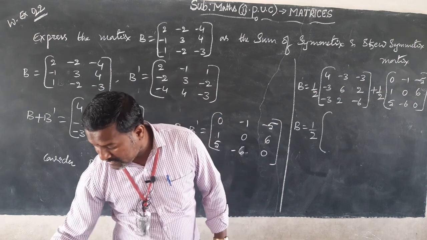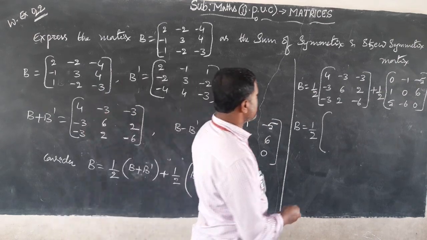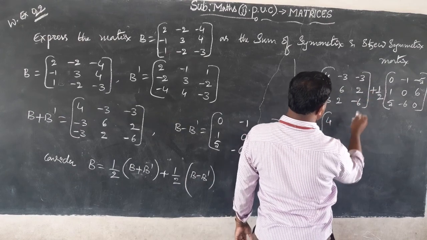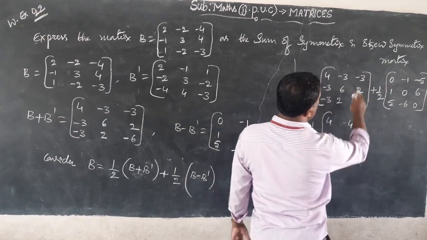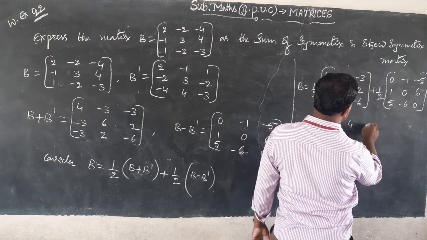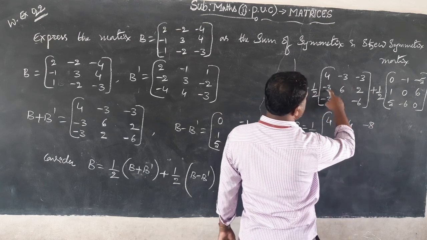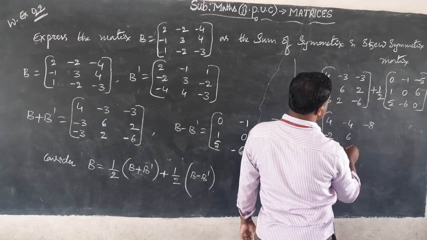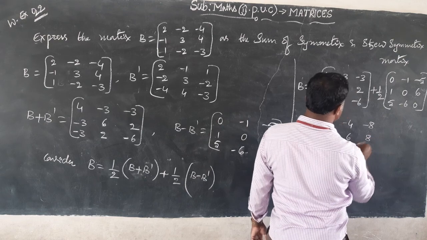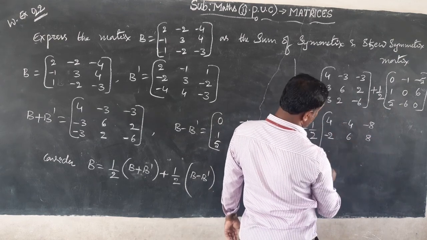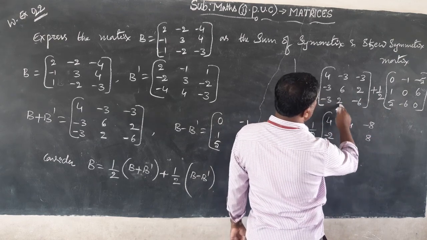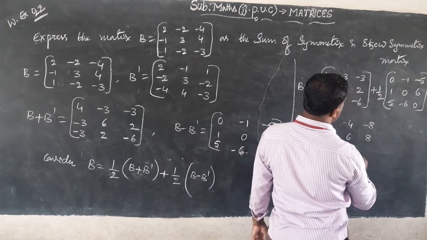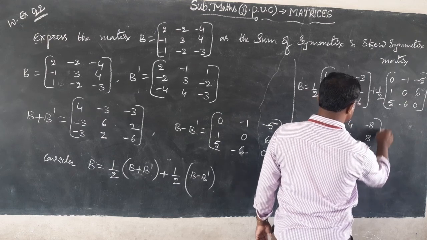So next, what comes: 4 plus 0, that is 4, minus 3 minus 1, that is minus 4, minus 3 minus 5, that is minus 8, minus 3 plus 1, that is minus 2, 6 plus 0, that is 6, 2 plus 6, that is 8, minus 3 plus 5, that is 2, 2 plus 2 minus 6, that is minus 4, minus 6 plus 0, that is minus 6.